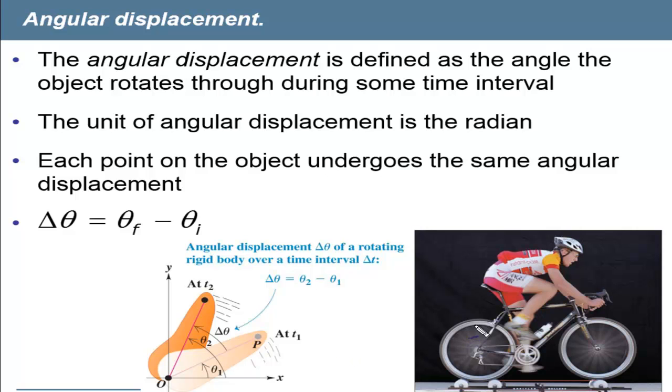Also on this bike tire here, say there's a point up here, if he's moving forward, it would rotate through some angle there. Similarly, a point next to the axle would also rotate through the same angle. The distances will be different, but the angle will be the same. Okay, so that's an important takeaway from this slide.